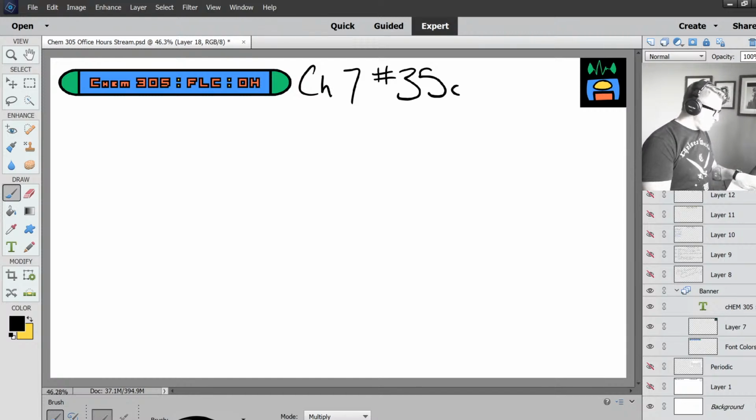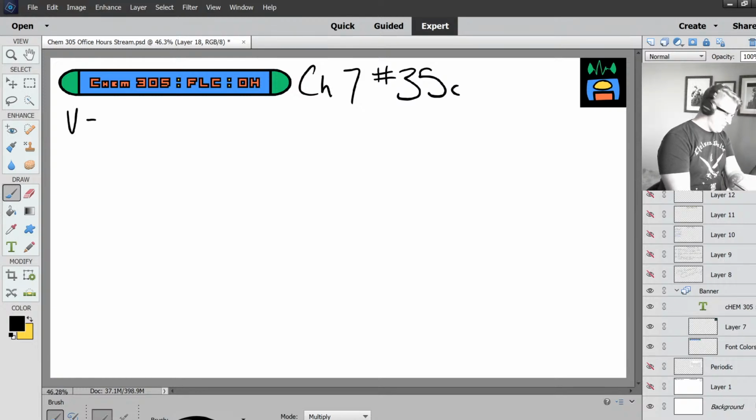So we're told that a sample, of course, you are welcome, Kate. A sample of carbon dioxide gas has a volume. All right, so I'm just going to start writing down stuff.